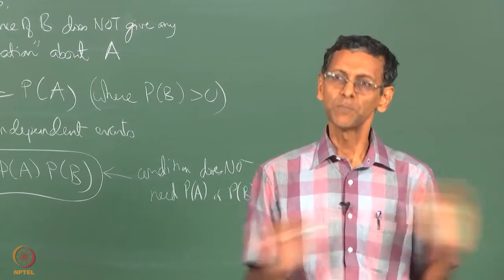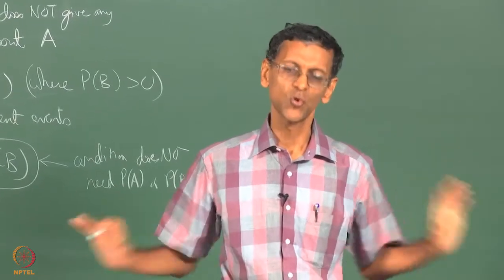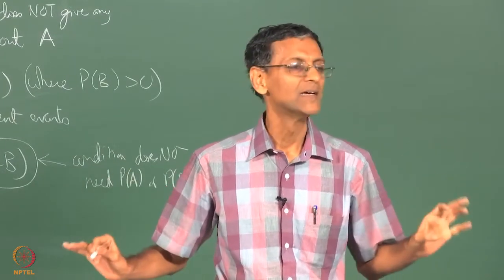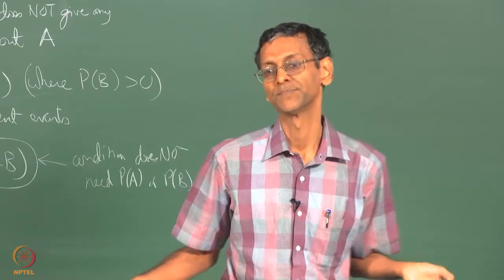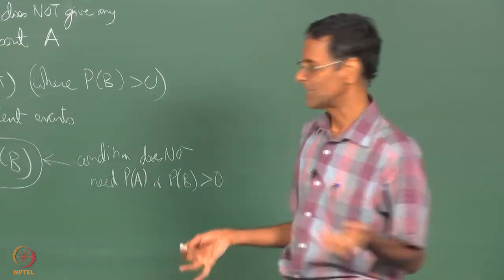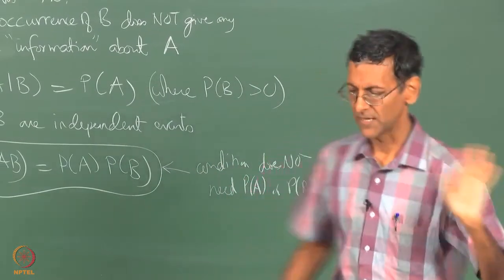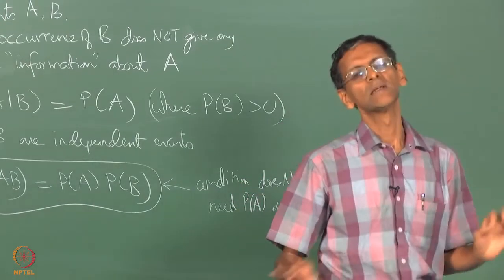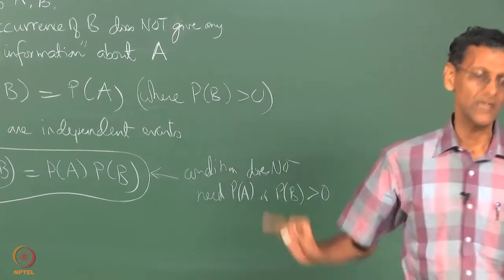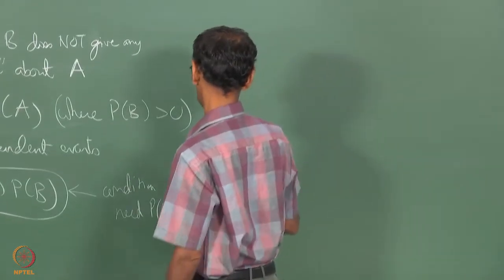The two concepts are completely different and do not overlap at all. If A and B are mutually exclusive, in general they cannot be independent, unless you take some exceptions, but let us not even look at those. So remember that independence and mutually exclusive are totally different concepts.